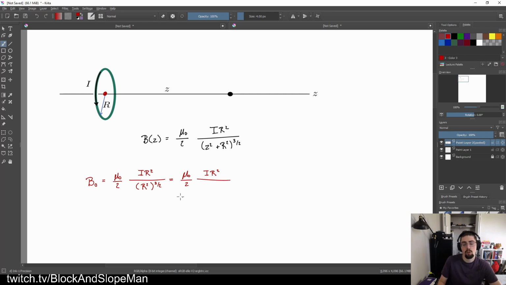So r squared to the 3/2 power. The 2's cancel out, the 3 gets left behind. So I've got mu naught over 2 times I times r squared divided by r cubed is what we've got there now. Simplify to the very end. B naught is equal to mu naught times I divided by 2 capital R.